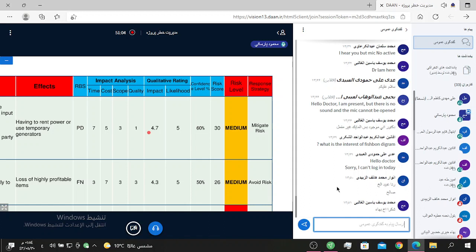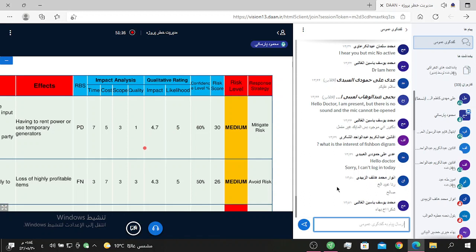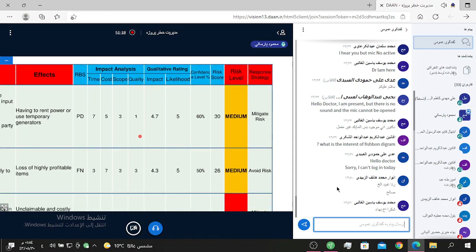And these numbers we explained in the next slide are according to an internal standard, numbers from 1 to 10, I think.